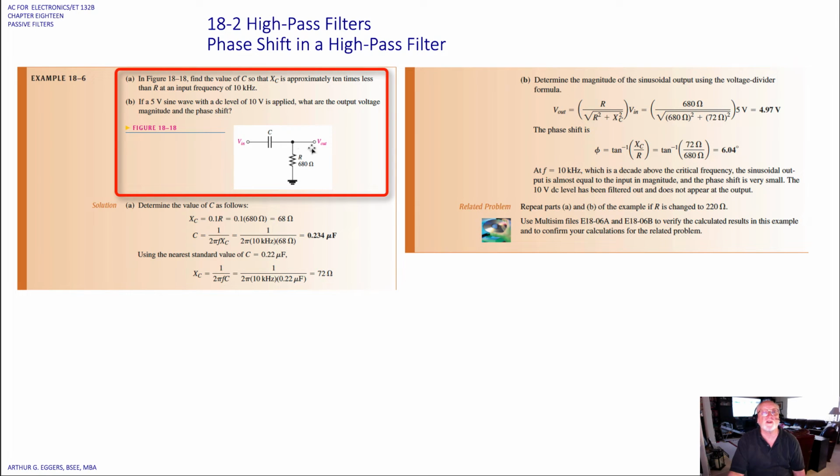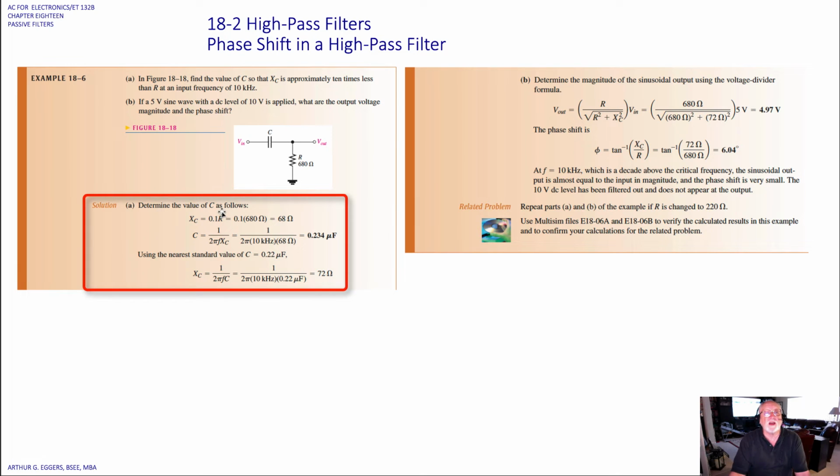So there's our circuit, a simple RC circuit. For part A, determine the value of C as follows. We know that X sub C is equal to R, but in this case we want 1/10 of the value. So 1/10 of 680 ohms is 68 ohms.